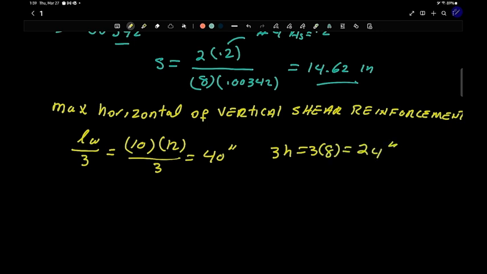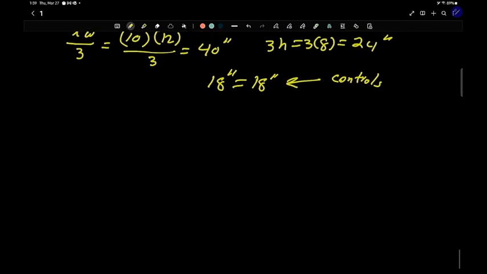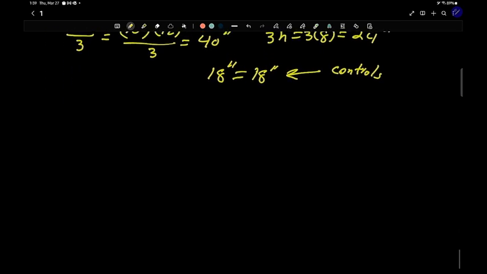Or the last one is 18 inch, and this again controls. Therefore, we're going to use 2 number 4 bars at 14 inch on center. This is horizontally, by the way.